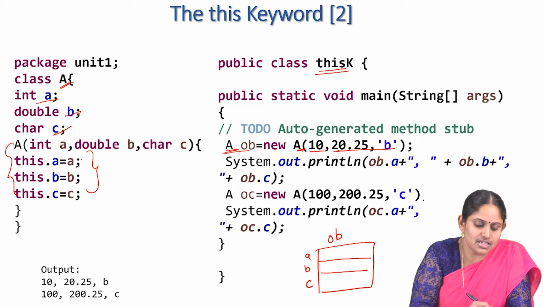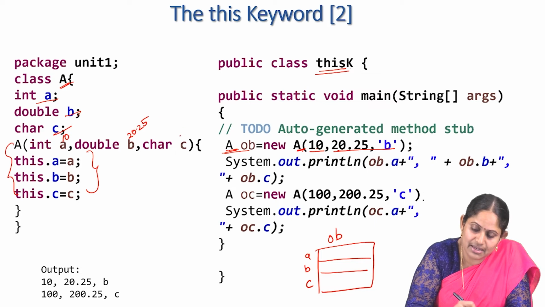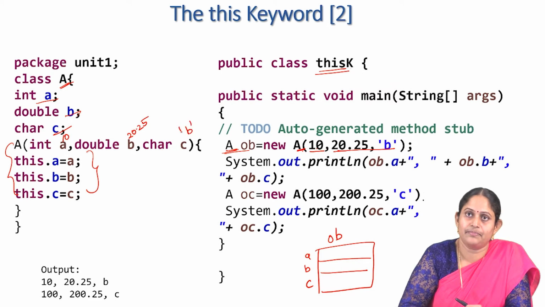When the constructor is invoked, the control will come here: 10 will be passed to A, 20.25 will be passed to B, and the character B will be passed into C.